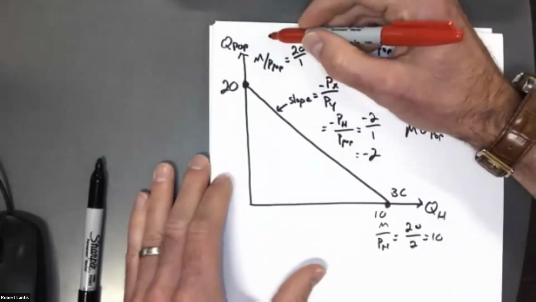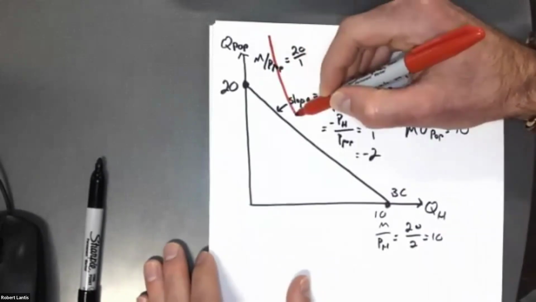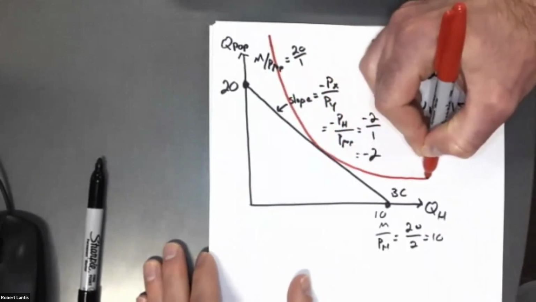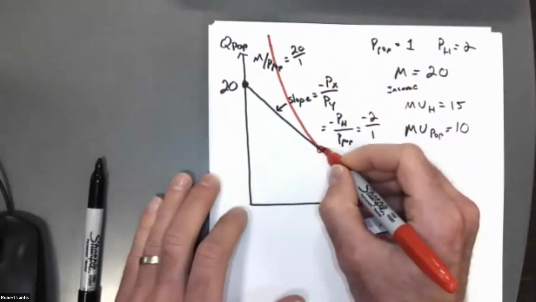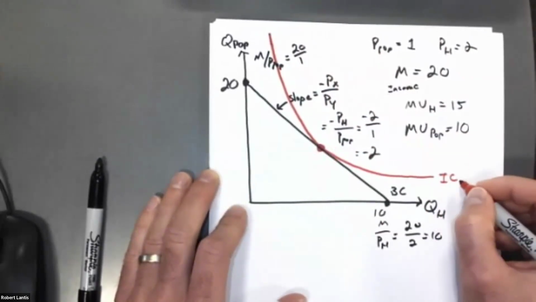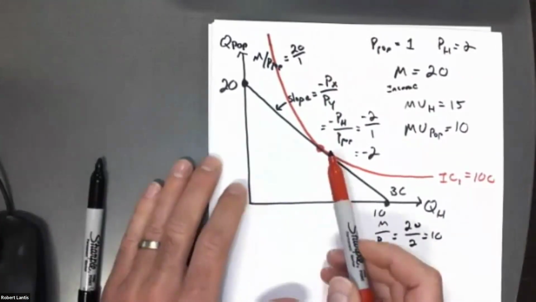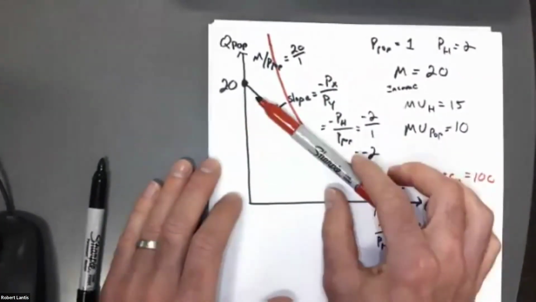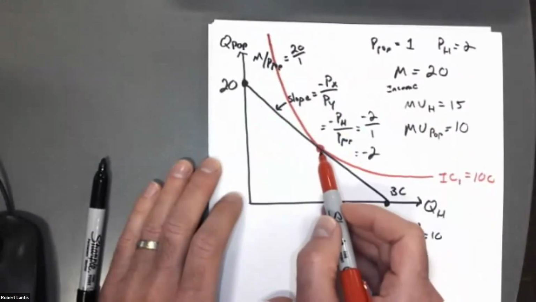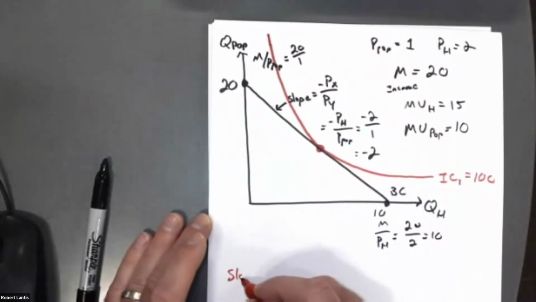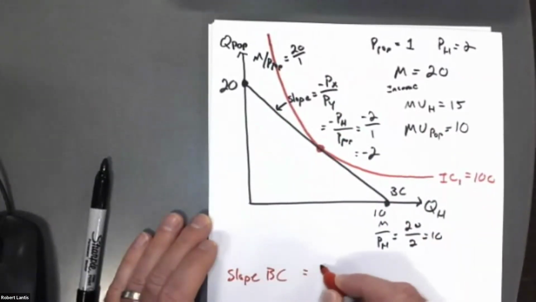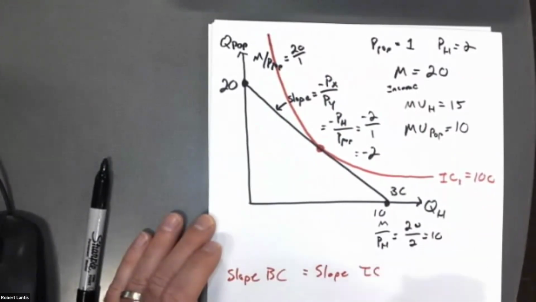Now, we know that the point where consumers are spending optimally will be wherever the highest indifference curve, we could put some value to this, the highest indifference curve we can get to given our budget constraint. So at that point, the slope of our budget constraint should be the same as the slope of our indifference curve.